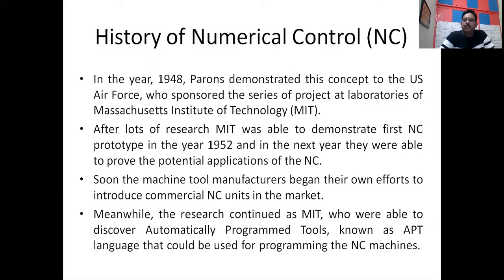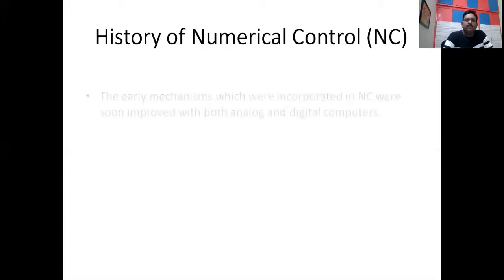That means when a program is made, the tool can move according to that program. This machine language is very important. APT was used for programming the NC machines. This is a major step of innovation in numerical control.